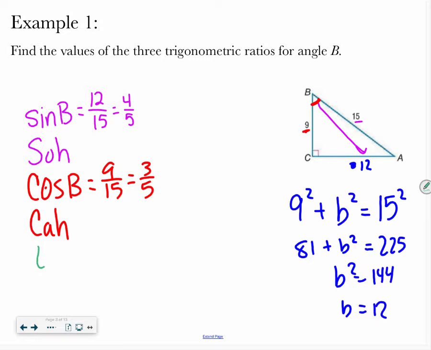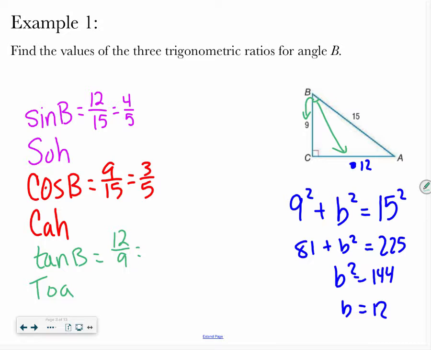And then if I want tangent of B, so tangent is opposite over adjacent. So if I go back and erase some of these things, opposite over adjacent. So I look, what's my opposite? My opposite is 12. My adjacent is the side that is not the hypotenuse, which is 9.